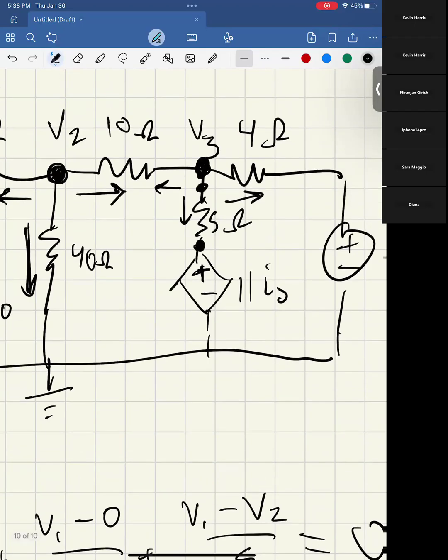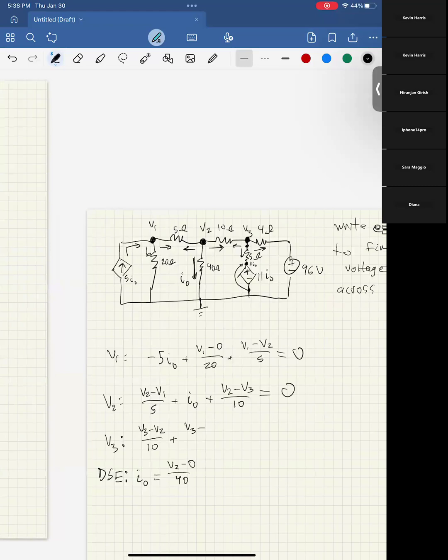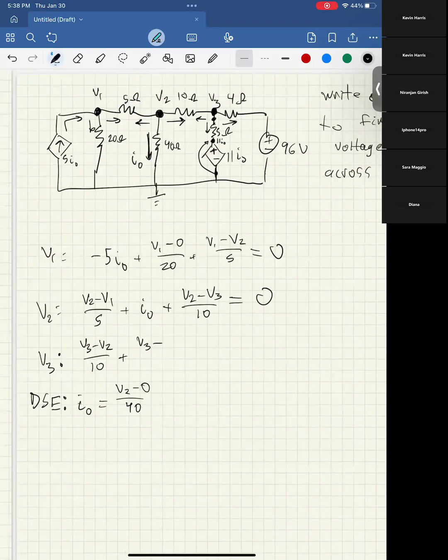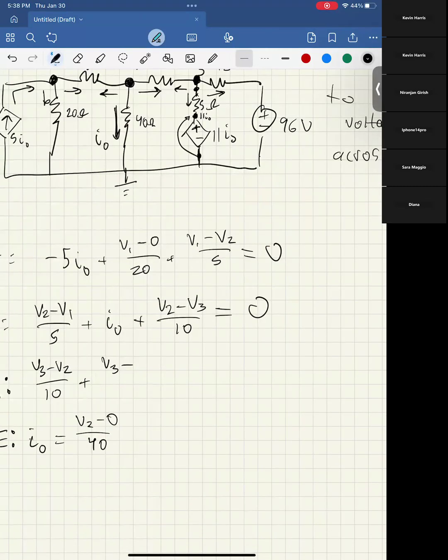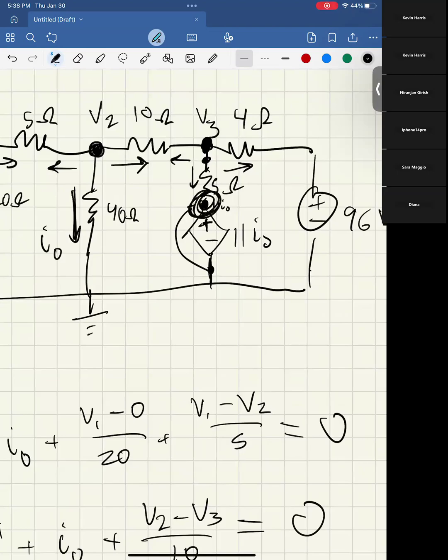For this resistor, at the top it's V3, and at the bottom, we have 0 here, and then if we go up, 11 I naught, so at this point we have 11 I naught. So for our term here, sorry, I'm in the wrong place. It'll be V3 minus 11 I naught, because that is the voltage at this point.